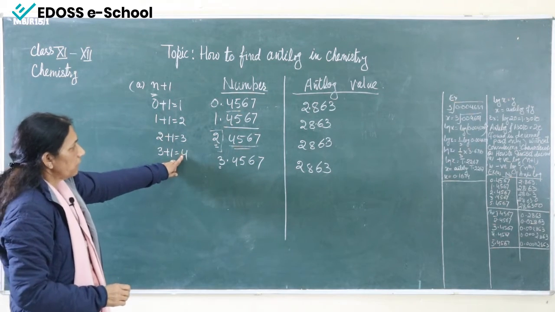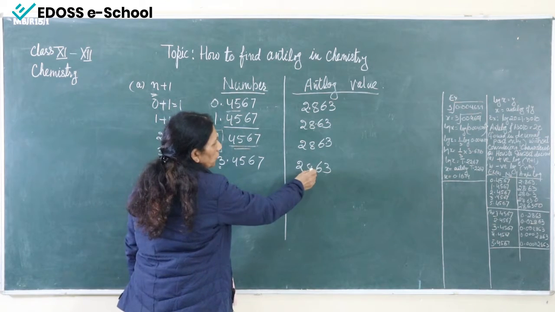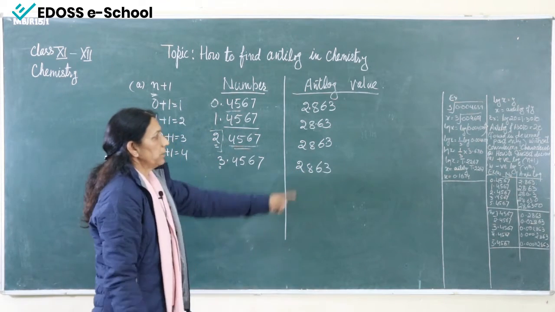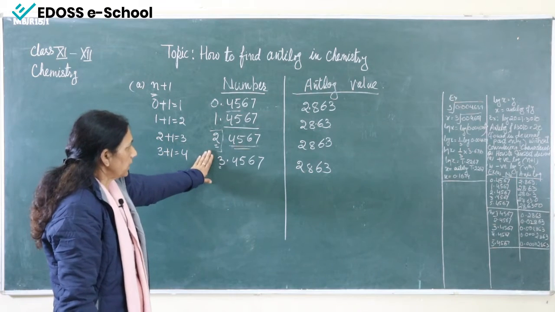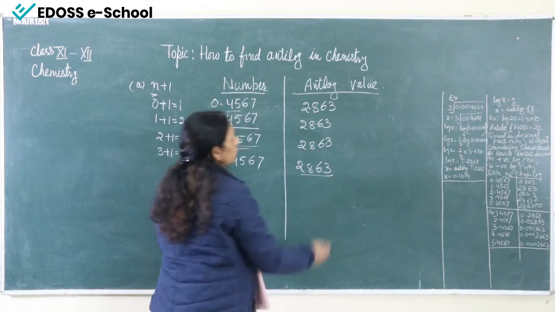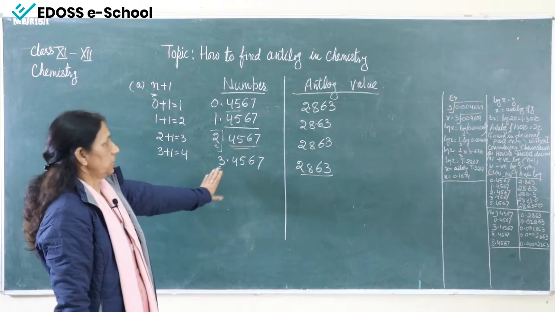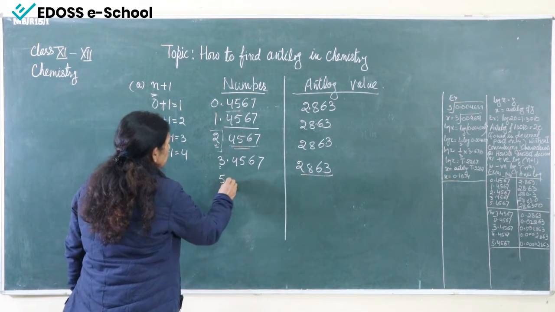That means now we have to insert the decimal at the fourth place. So, this is 1, 2, 3 and 4. So, the anti-log of 3.4567 will be 2863.